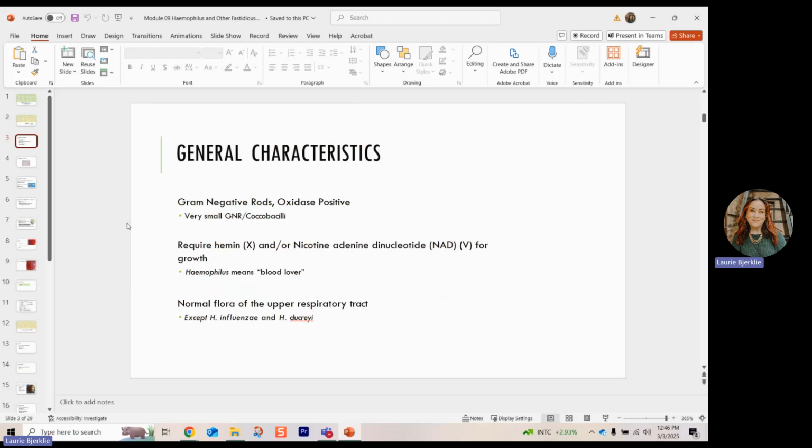That does end up providing them those extra nutrients. And specifically, they want what we call the X and the V factors. X factor is hemin, and the V factor is NAD. So chocolate provides both of those for them. Now, some of the Haemophilus species might not require both X and V. They might require just the X factor or just the V factor.